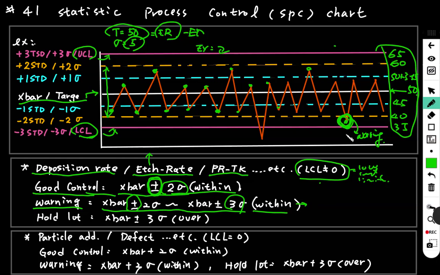Usually, if a machine measured an etching rate, for example 43, it is between the 3 sigma 33 and the 2 sigma 40.